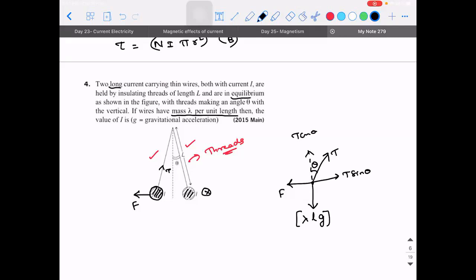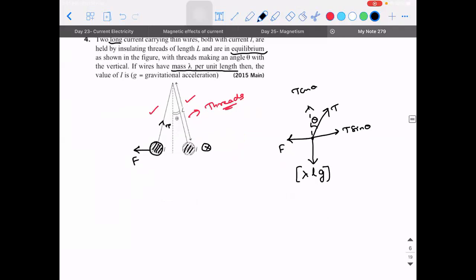Since they use the word equilibrium, what are all the forces that are balanced? F is balanced by T sin theta, and T cos theta is balanced by lambda into L into g. Am I clear? Yes, sir. Okay.